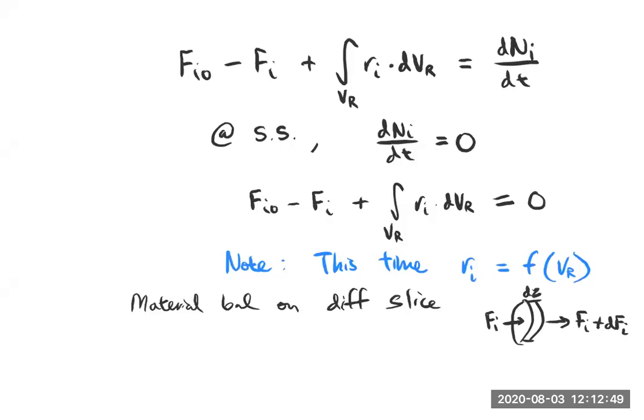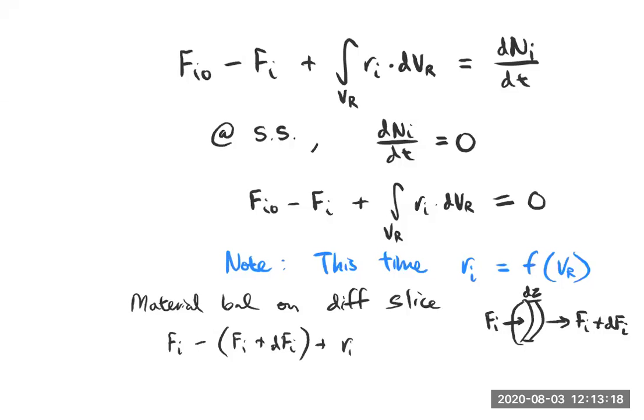And so one way that we can treat this mathematically is we can say, okay, well, what's coming in is Fi, and what we have coming out is Fi plus dFi, and then because we're looking at just the slice, we're no longer having to necessarily integrate.